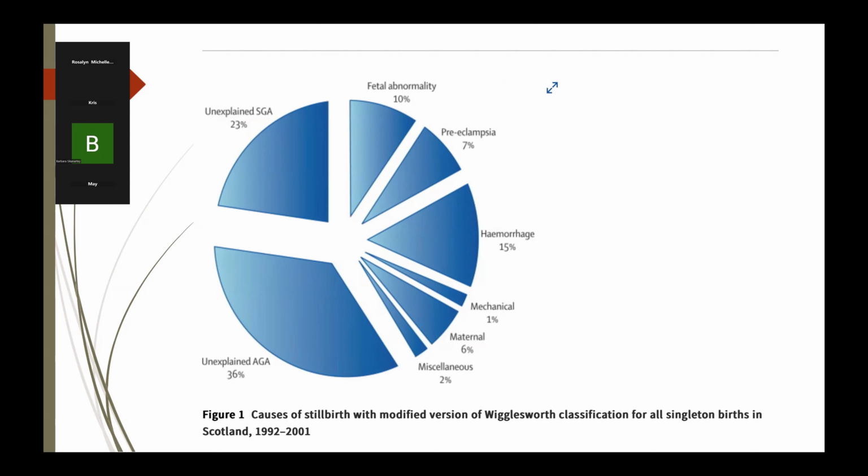Others include fetal anomalies, which I mentioned, and preeclampsia, which means high blood pressure with protein in the maternal urine, a very fatal condition if not properly managed. Then we also have fetal-maternal hemorrhage and other mechanical causes, maternal and miscellaneous, which means others. Okay.